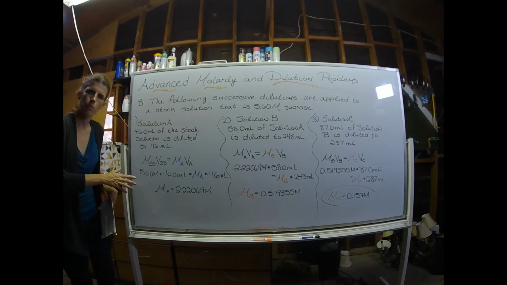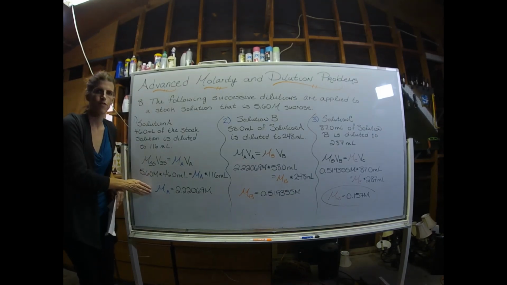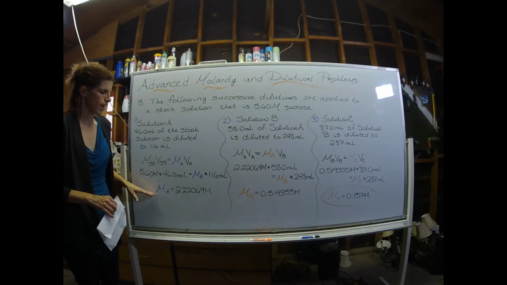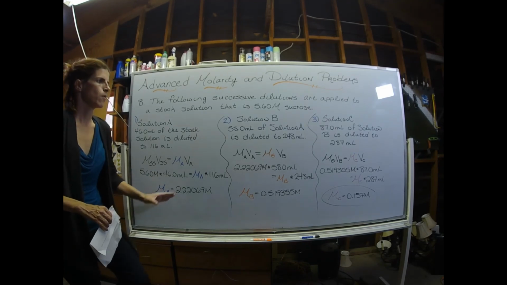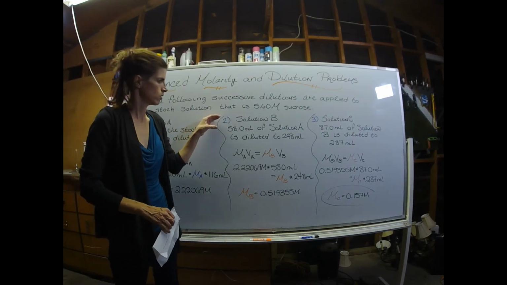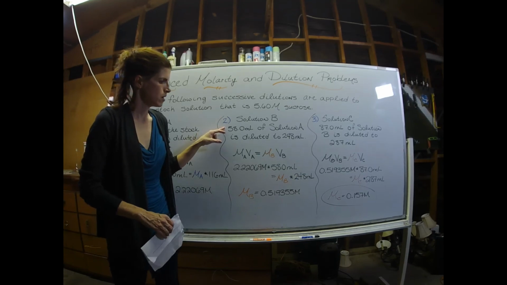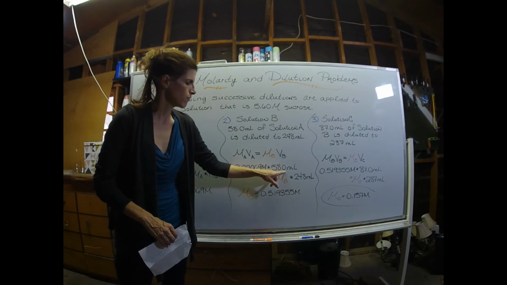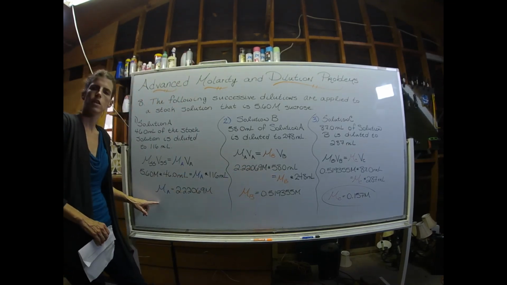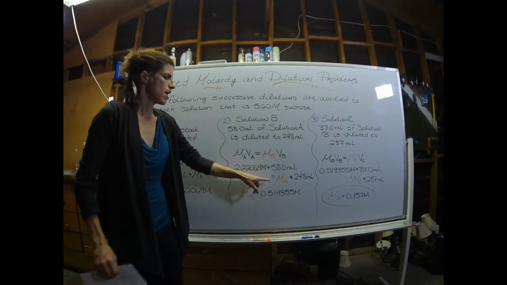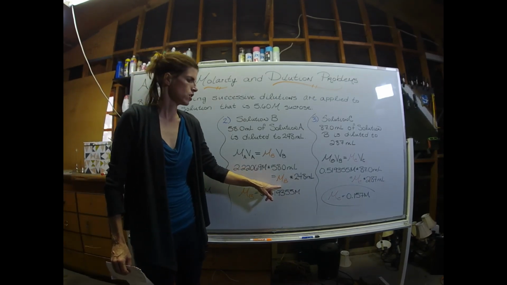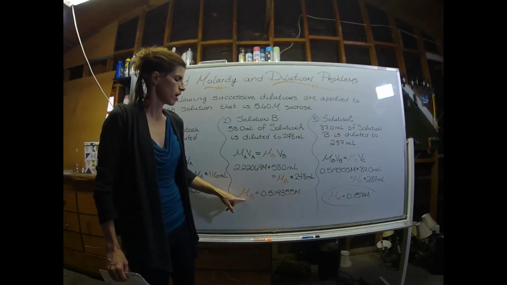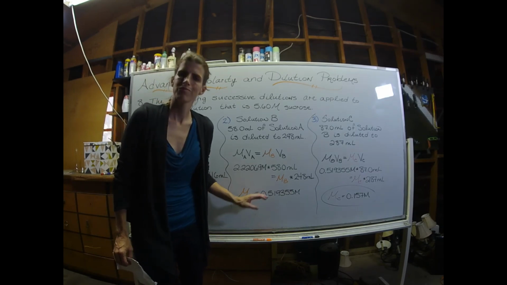So just using M1V1 equals M2V2 to figure out the concentration of A. Once we've established the concentration of A, it's around 2.2 molar, then we can bring that over to the second dilution, where they took 58 mils of the A solution, so 58 mils is my volume, and this 2.2 is from the first step. And they used that to prepare solution B, which had a total volume of 248 mils. Determined that the concentration of B was around 0.5 molar.